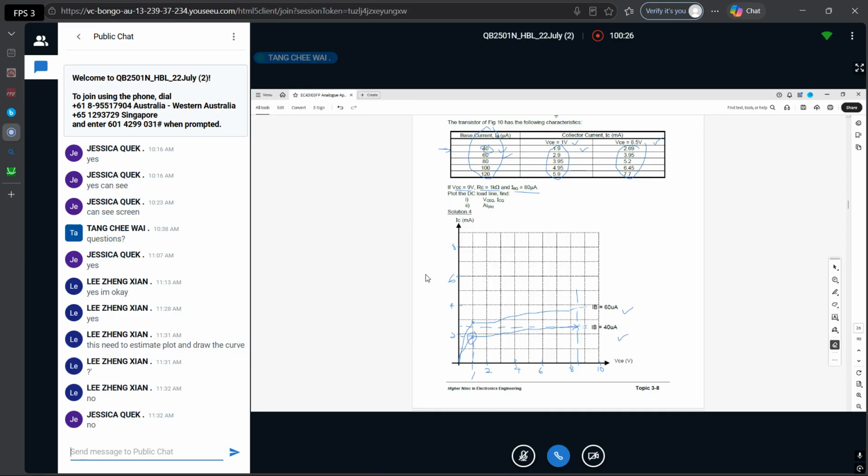Okay, so I get this first point and my second point here. Same thing, I join the line, and it becomes the first curve for 40 micro-amps. Are you all okay?